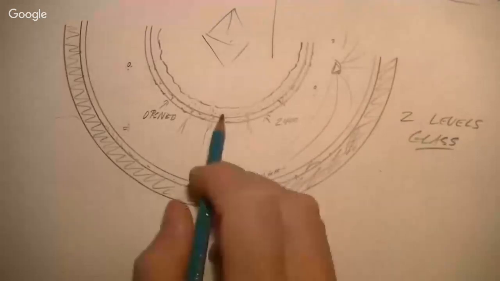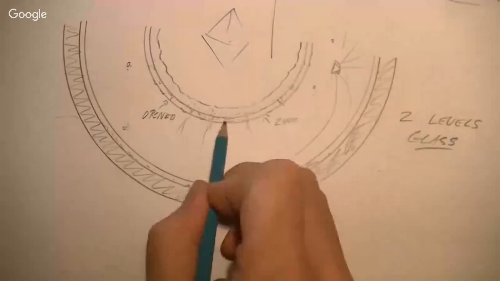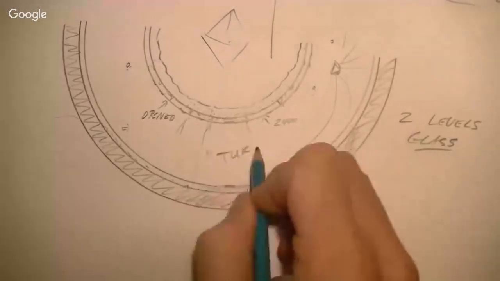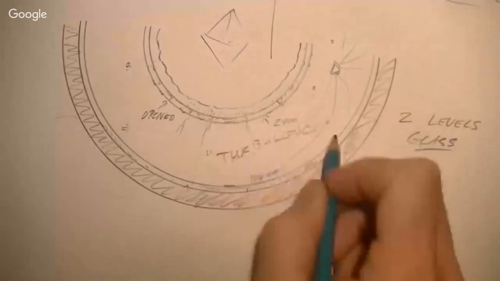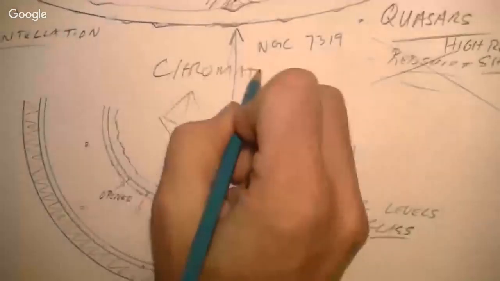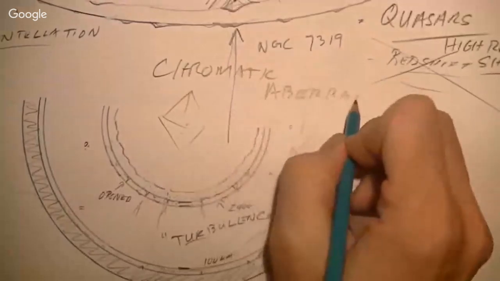The so-called turbulence is coming from the glass. That's where the turbulence is coming from. But it's really chromatic aberration. Good old chromatic aberration.